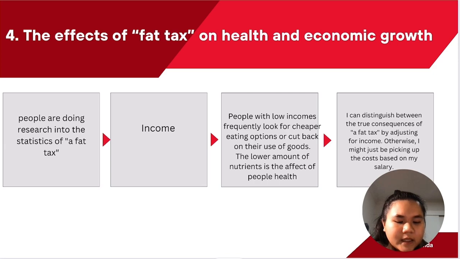It will constantly have a negative impact on people's health. However, after adjusting for this income variable, I am able to focus on the true impact of the fat tax on both the economy and public health.